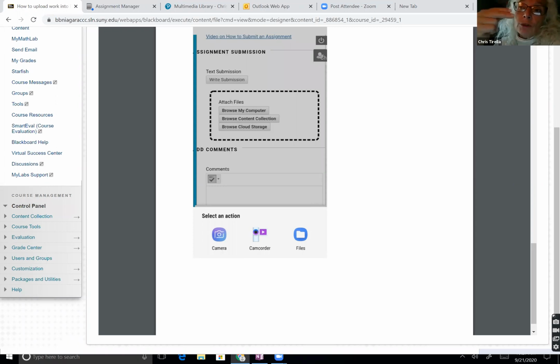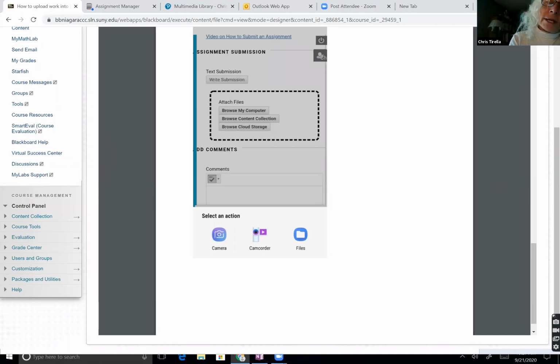2, if you do it in Blackboard, when I go through the things that need grading in Blackboard, what shows up on my screen here is your document.